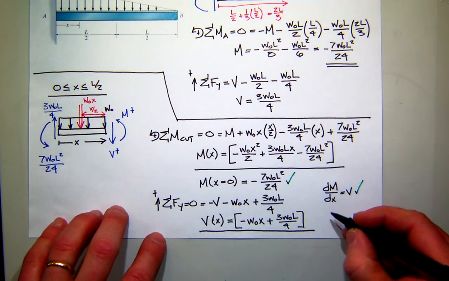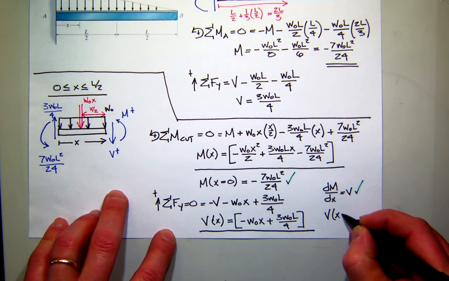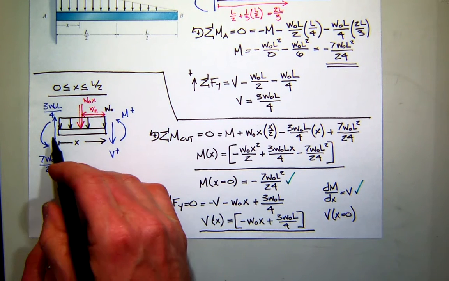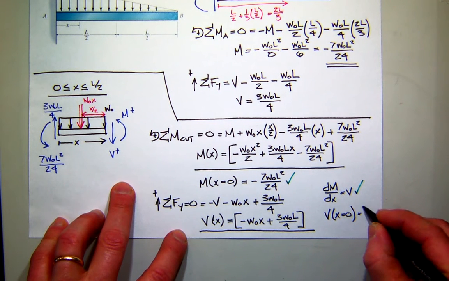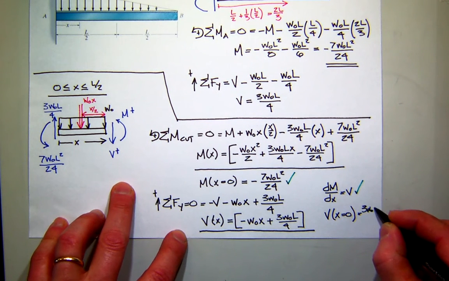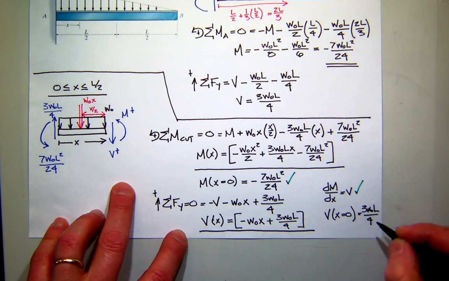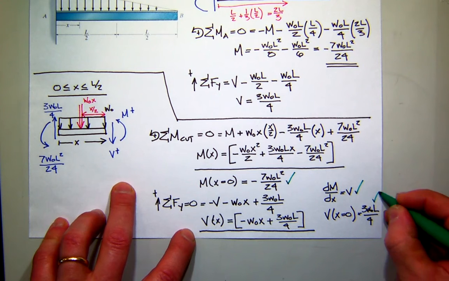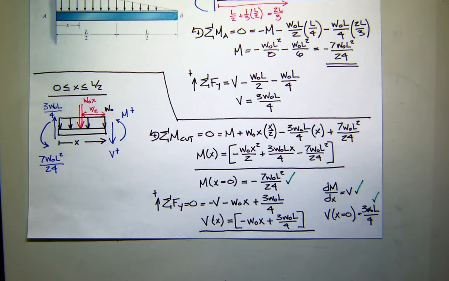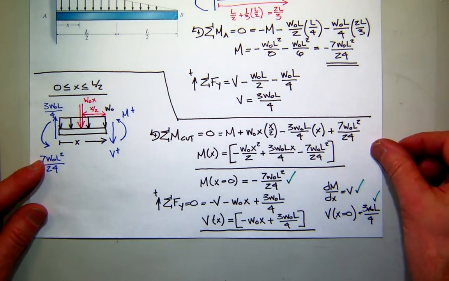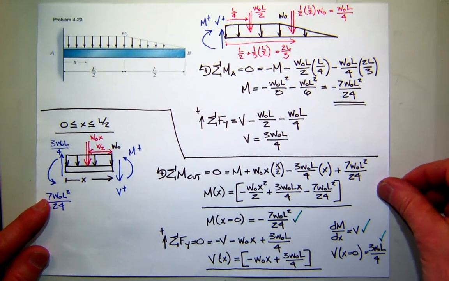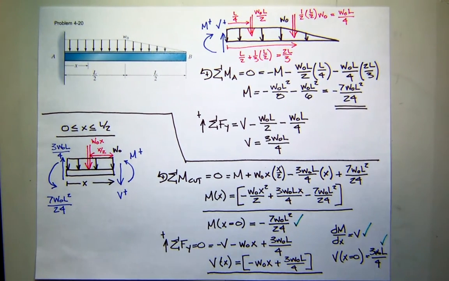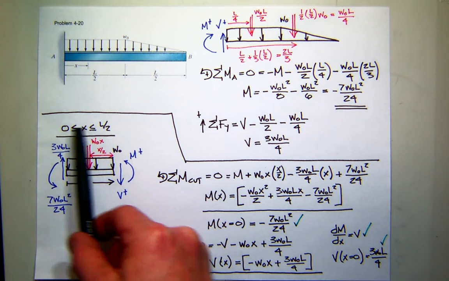And the other thing that we know is that our shear equation at x equals 0 better give us a positive shear of 3 W naught L over 4, and if you put x equals 0 in, you get that. So that's all we can really check right now. So it seems like everything's progressing pretty good. So what do we do next? We have to now go and look from L over 2 to L.